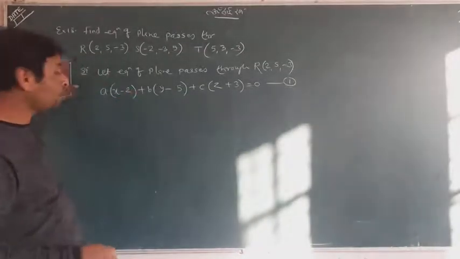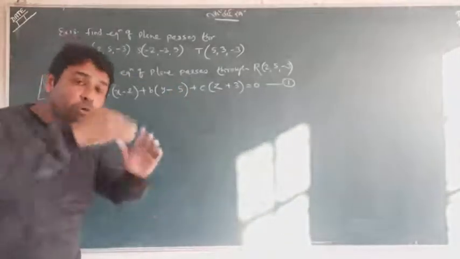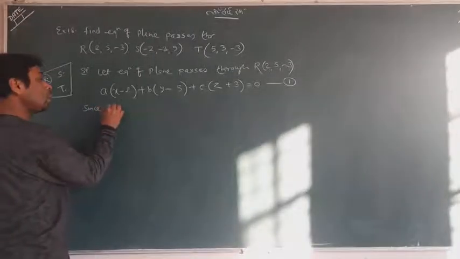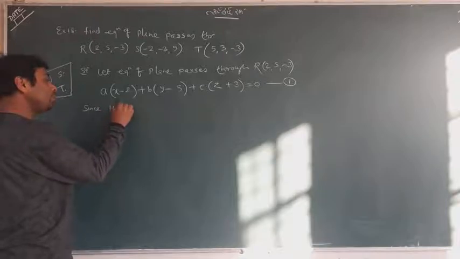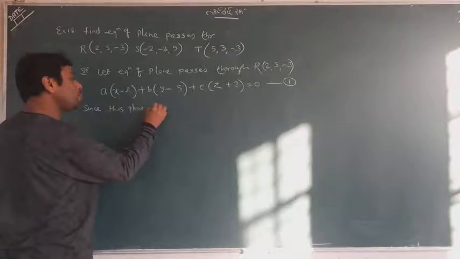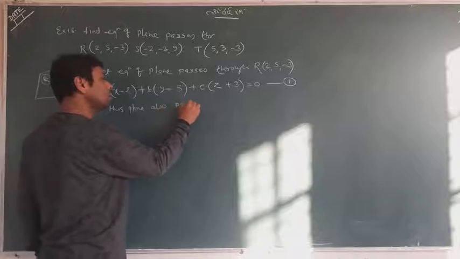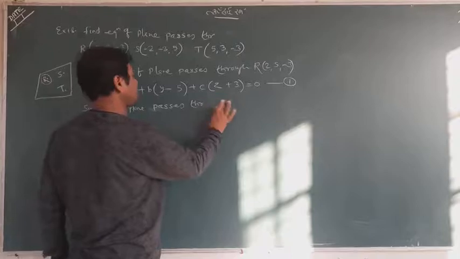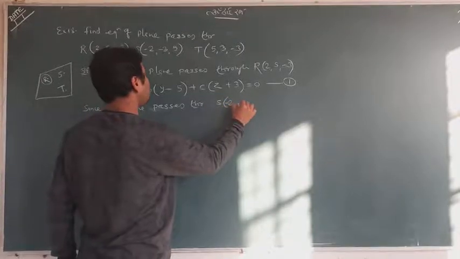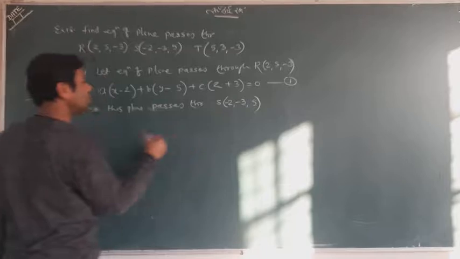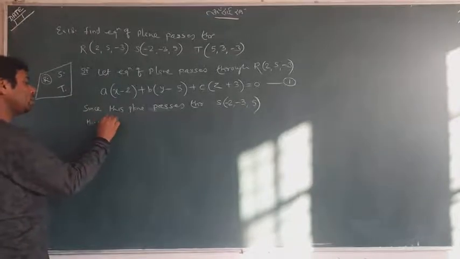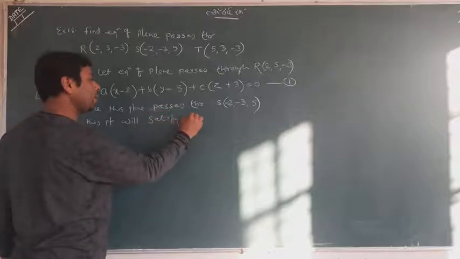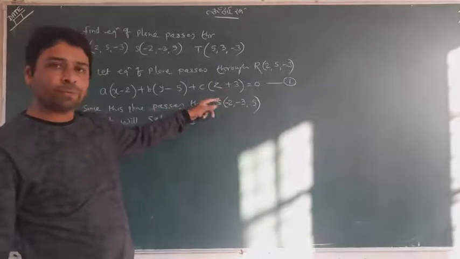So I will write here: since this plane also passes through the point S (minus 2, minus 3, 5), this point will satisfy equation 1.